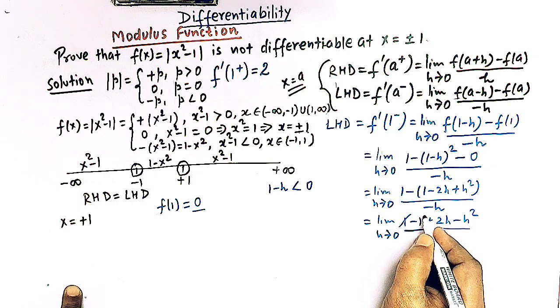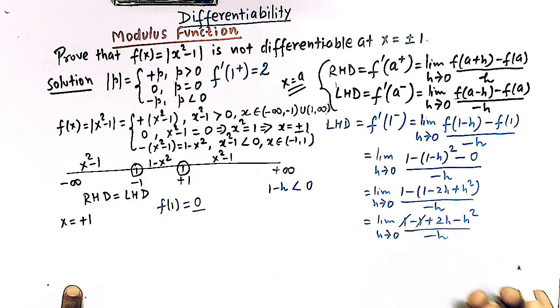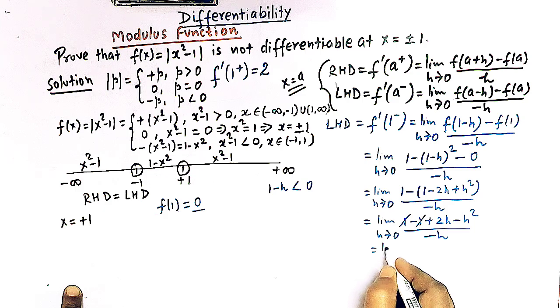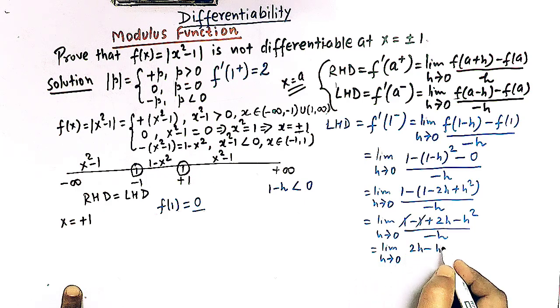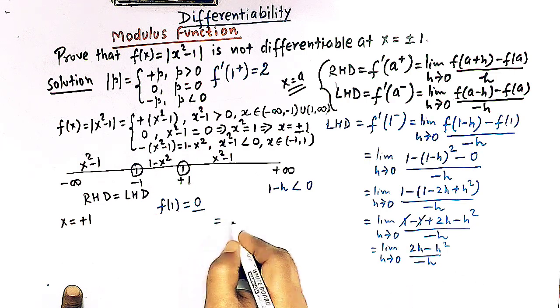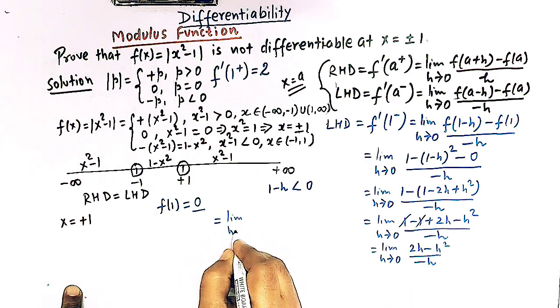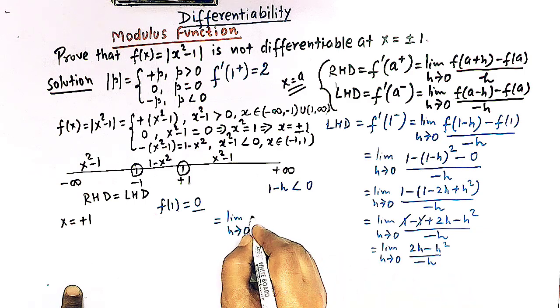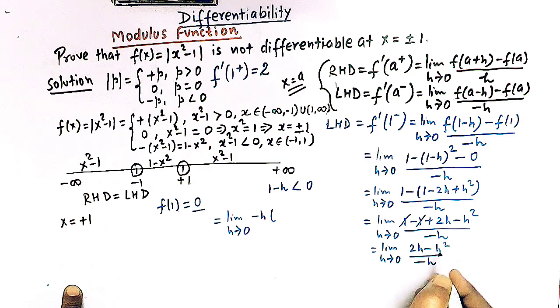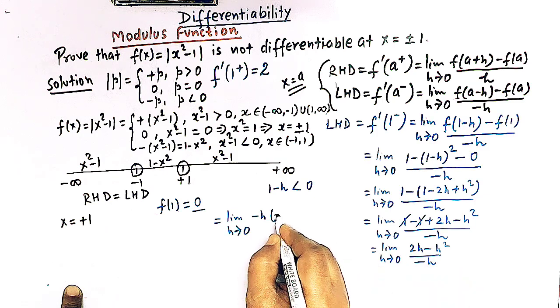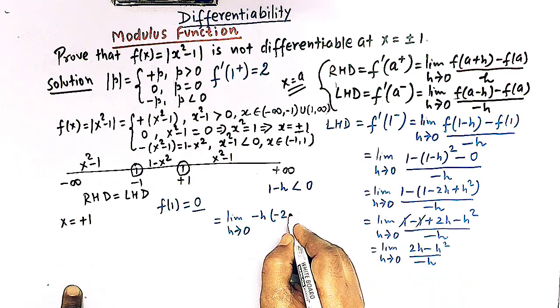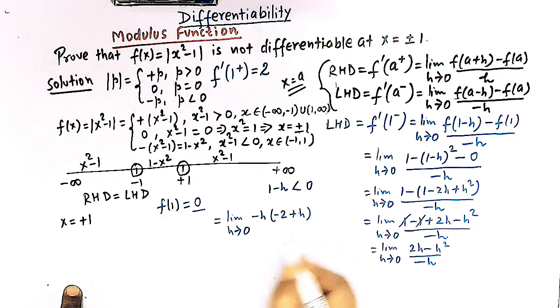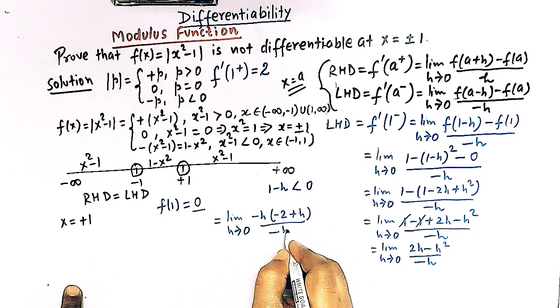So these two, 1 and minus 1, get cancelled, and we have limit h tends to 0, 2h minus h square over minus h, right? So we can take minus h common. So we have now here minus 2 plus h, and here we have minus h.